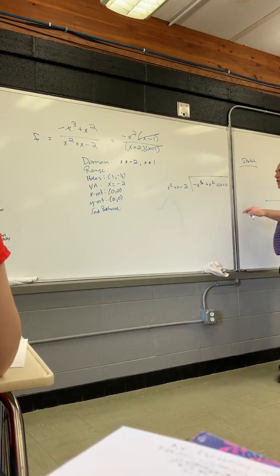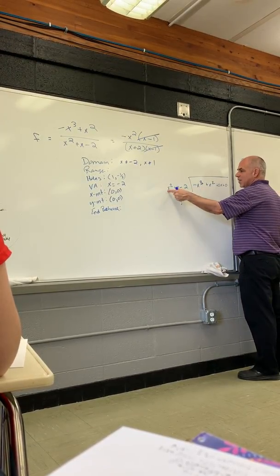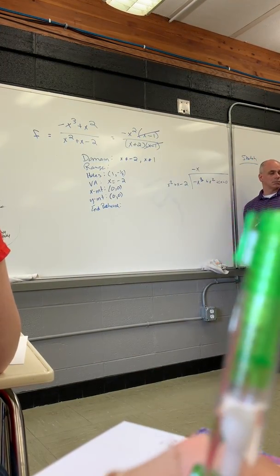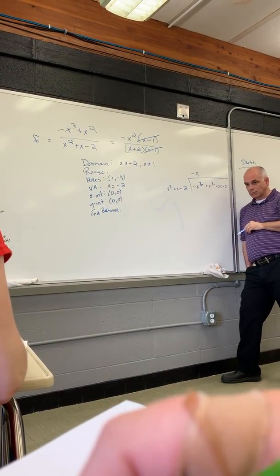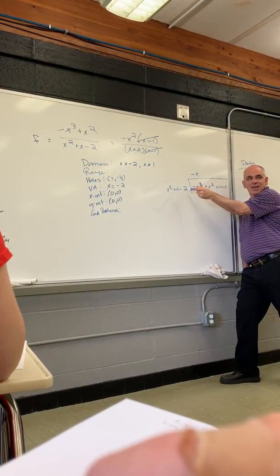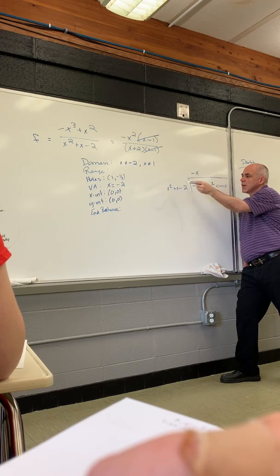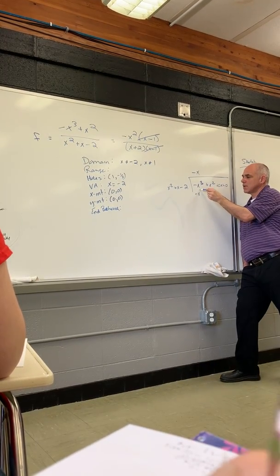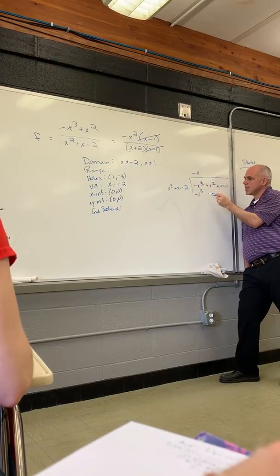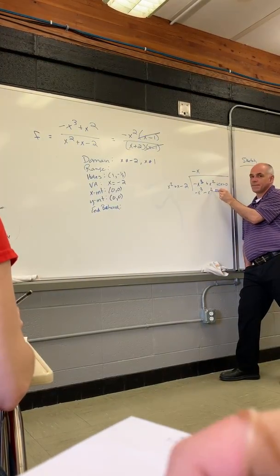Inside you have to account for all of your powers all the way down. So if I take negative x cubed and I divide by x squared, I get negative x. So then when I multiply this times this, I have to distribute. So negative x times x squared, negative x cubed. Negative x times x, negative x squared.